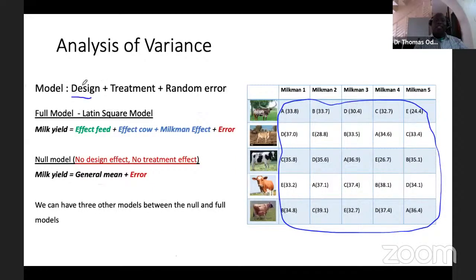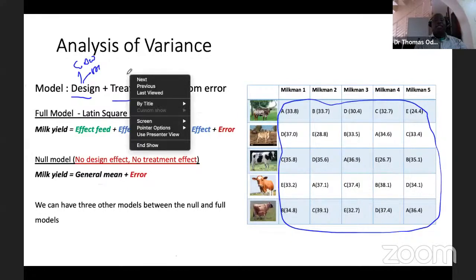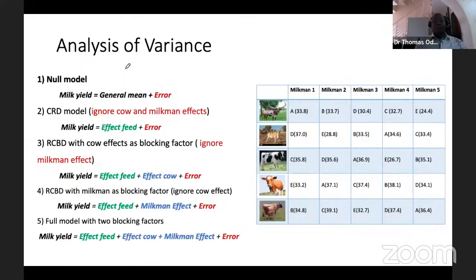The cows are different, so that could be a possibility of affecting our model. We also see that the milkman is different, which could also affect our model. And then the treatment here, we have the different feeds that could also affect our model.